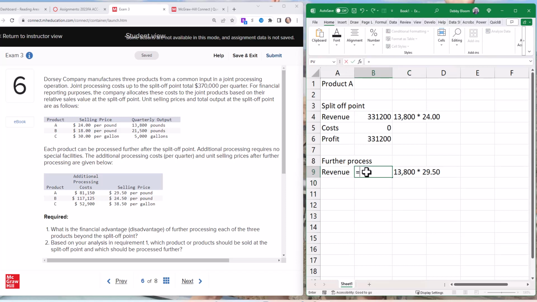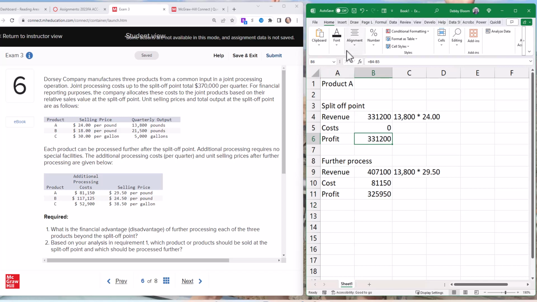So our revenue, 13,800 multiplied by $29.50. And now our costs, as we can see, are given as 81,150. So now I'm going to do the same thing that I did before. I'm going to take my revenue and subtract my costs to come down to my profit.